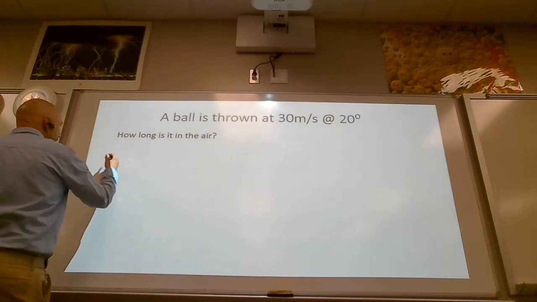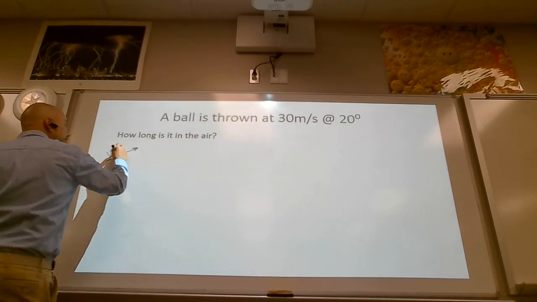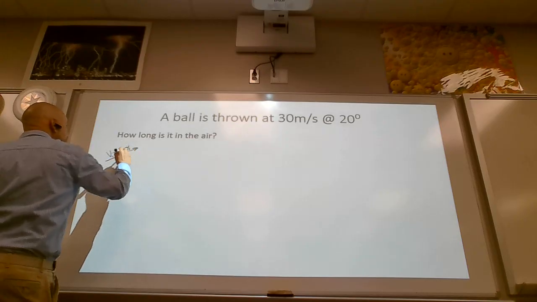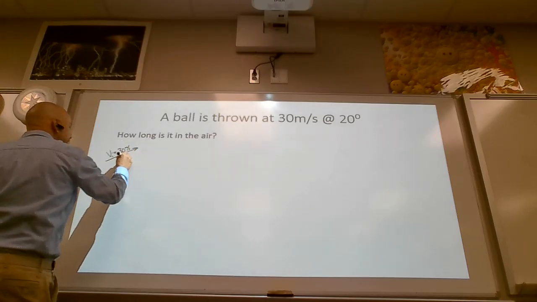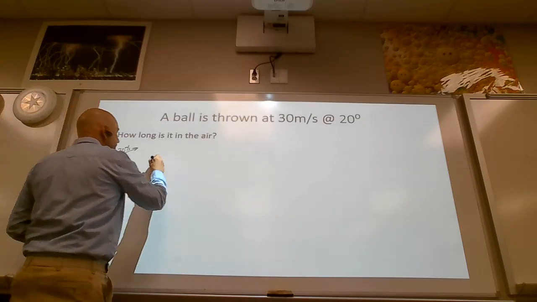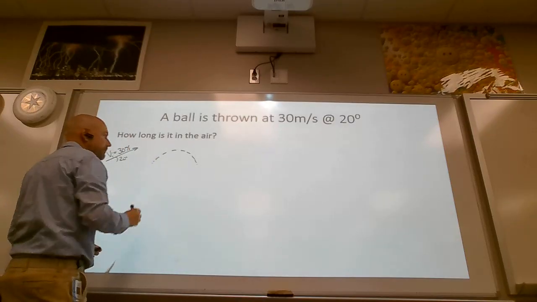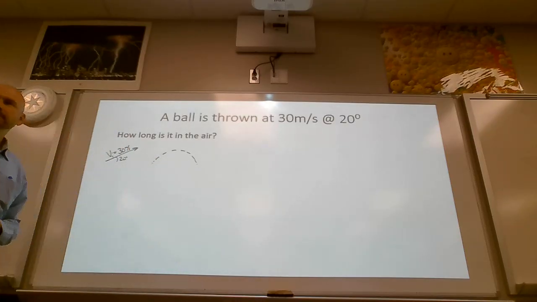The first diagram is your initial velocity vector. The second diagram is I want you to draw the path taken. Okay? I want 2 different diagrams.